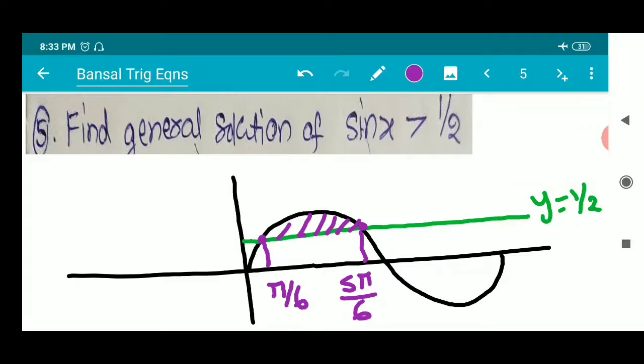Observe, whatever value you take between pi by 6 and 5 pi by 6 will be more than 1 by 2. And again when will it repeat? After 2 pi, then after 4 pi. As you know, the periodicity of sin x is 2 pi, so it will repeat every 2 pi units.